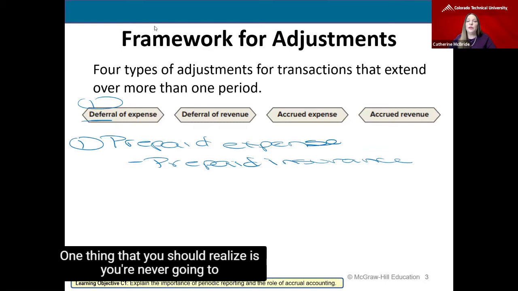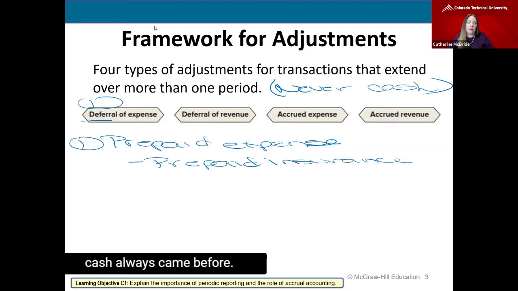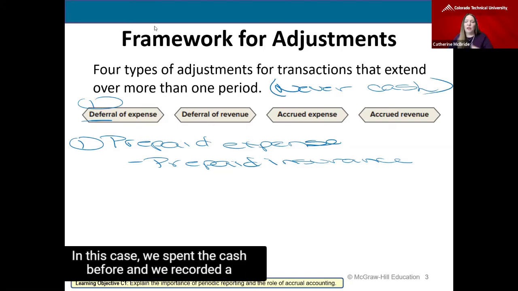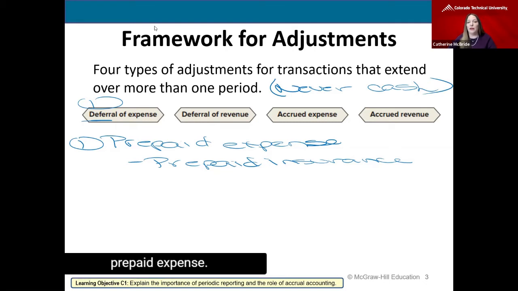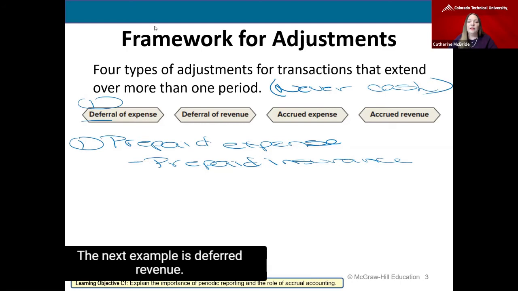One thing that you should realize is you're never going to have a cash account when you're doing adjusting entries because cash always came before. In this case, we spent the cash before and we recorded a prepaid expense. The next example is deferred revenue.